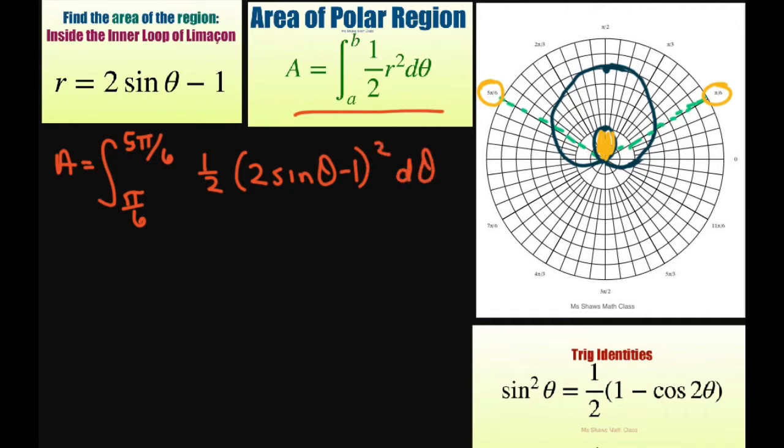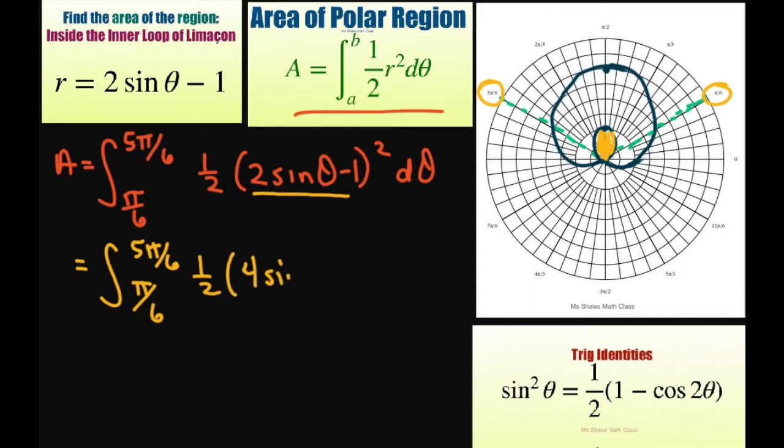Now we're just going to simplify and expand this. So it's going to be 1/2, and you're going to get 4 sine squared of theta minus 4 sine of theta plus 1 d theta.